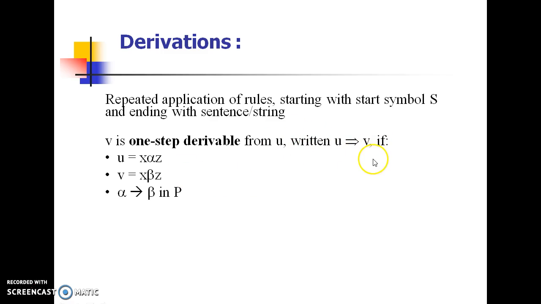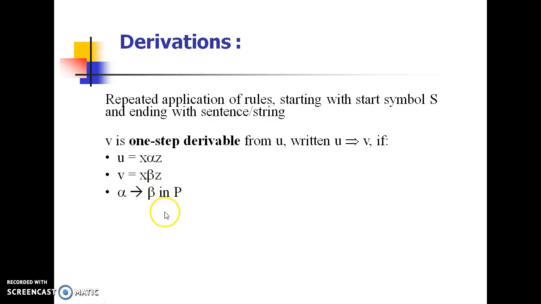The definition for the one-step derivation is represented as U gives string V. If U is a string x alpha z, we derive the string V as x beta z if and only if there is a production alpha giving beta in P. Then we say that U can derive the string V in one step.